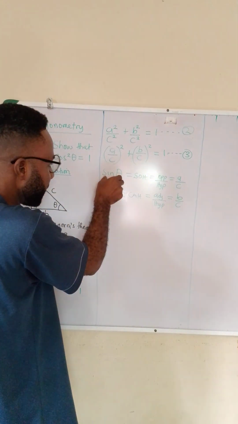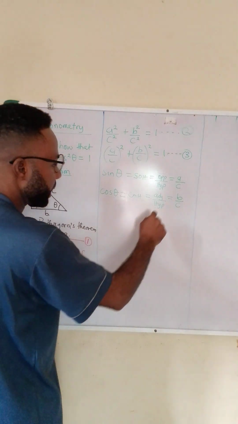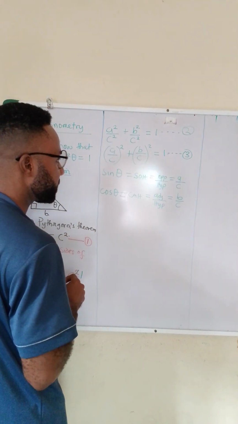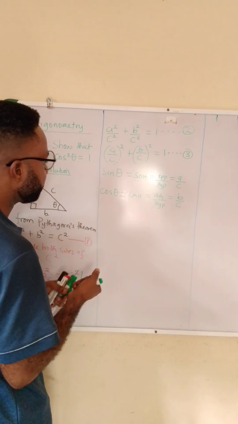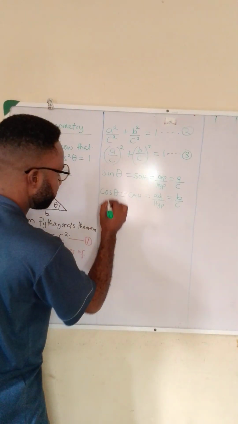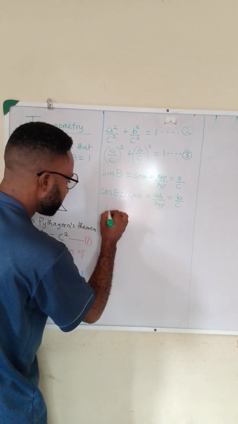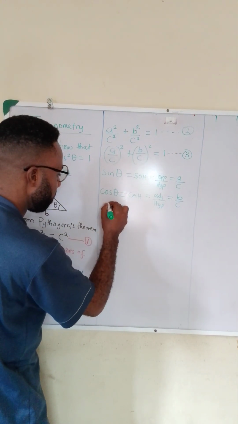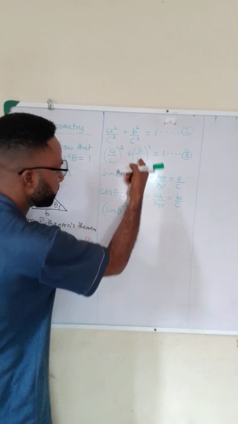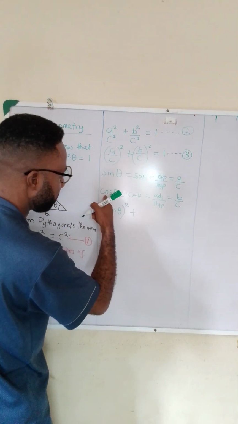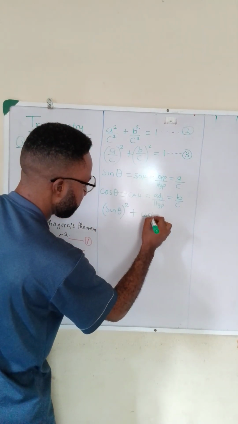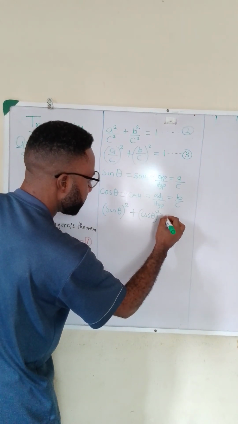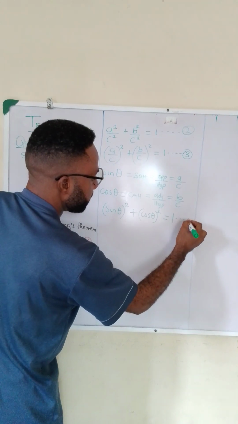We bring sine theta and put it here since it is A over C, and bring cos theta and put it here since it is B over C. So in place of A over C we now put sine theta, but it is raised to power 2, so we say all squared, plus cos theta all squared, equal to 1. This is our equation 4.